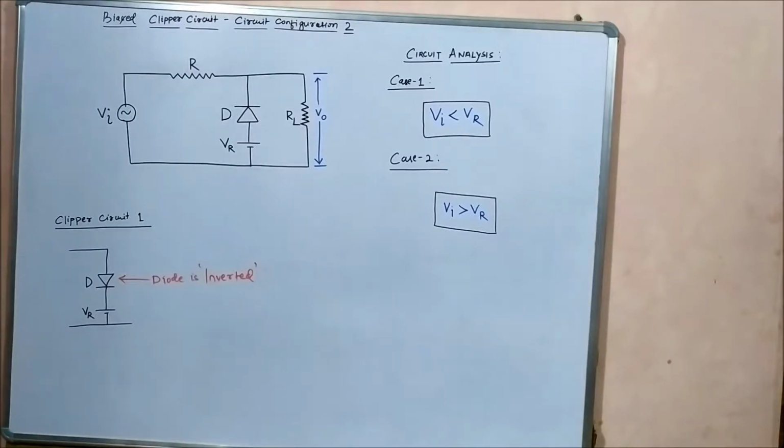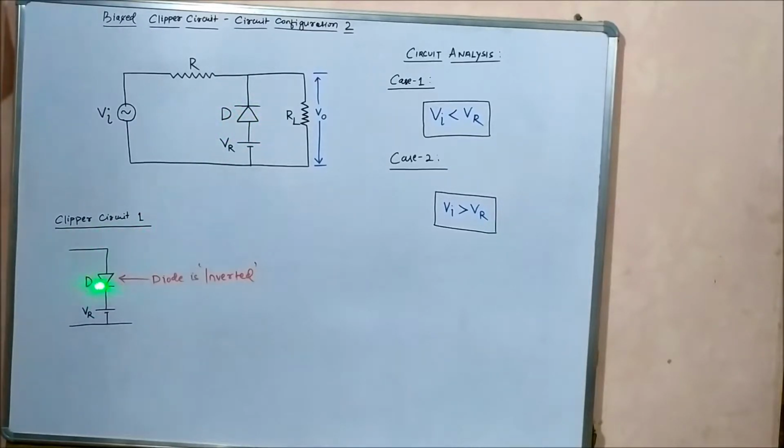Now, how is this circuit different from the one which we just discussed in the previous video? Pay attention to this diode. It is connected with its N end upward and the P end downward. N end up and P end down.